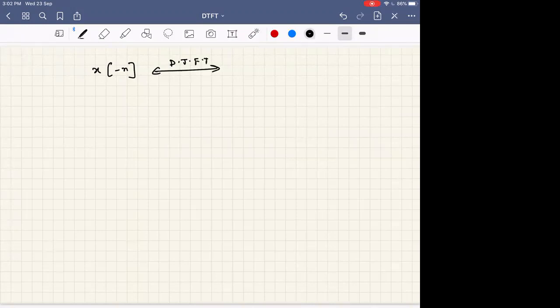How do you do this? If I ask you to find this, what is the answer? Quickly do it and tell me the answer, if you know directly, otherwise do and tell. X of e to the power minus j omega.